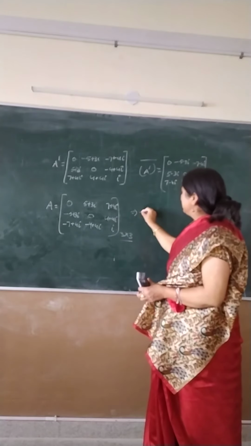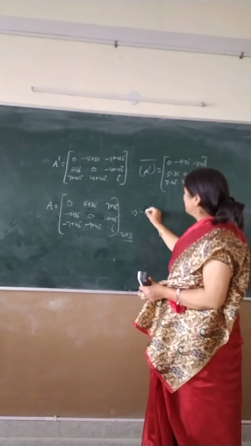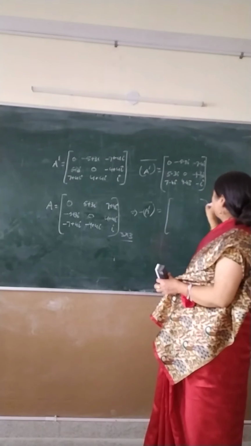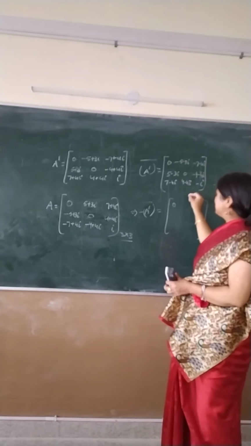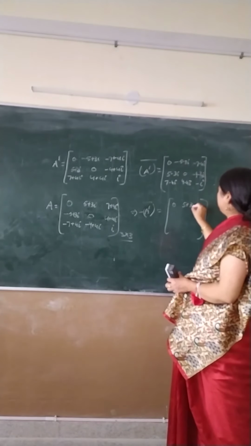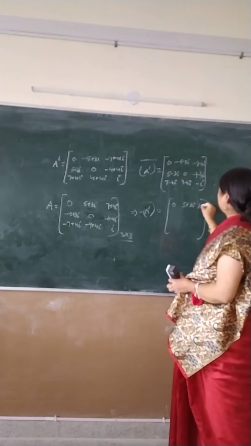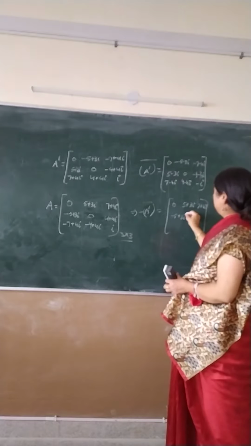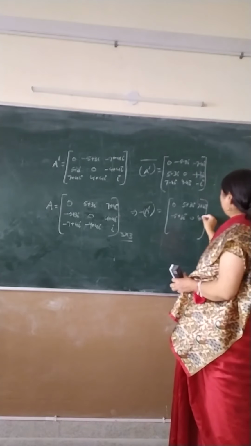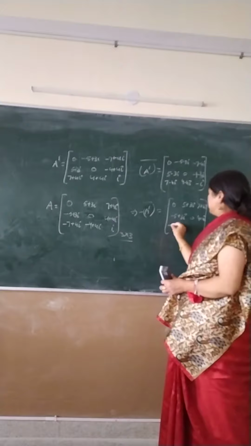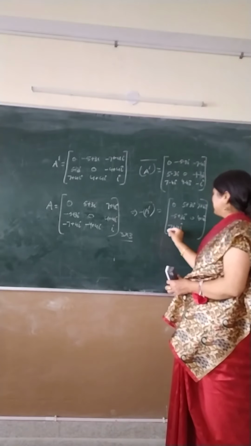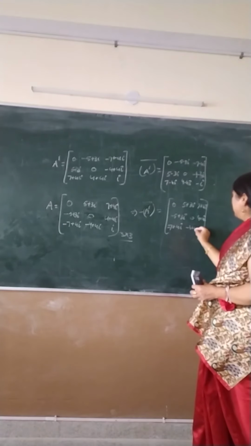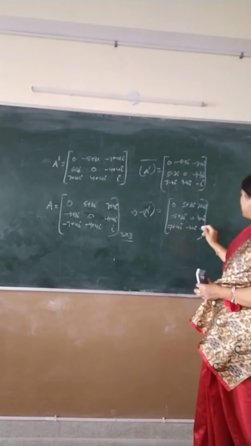It implies negative of conjugate transpose of this, which is negative of this, taking inside, signs change, 5 plus 3 iota, 7 plus 4 iota, minus 5 plus 3 iota, 0, 4 plus 4 iota, 7 plus 4 iota, signs change, minus 7, minus 4 plus 4 iota, minus iota becomes plus iota.